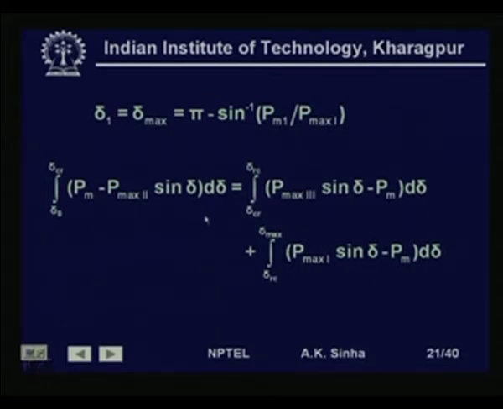Now, again using this we have, this should be delta clearing, delta C or delta CR, it does not matter.